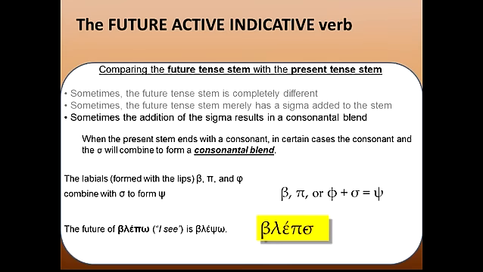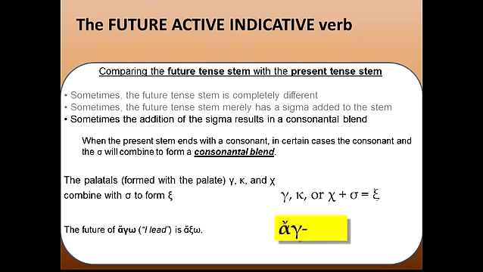The sigma comes down and it combines with the pi to form psi. And so we now have the future tense stem, bleps. And we can now add our personal ending back to it, the omega, and we have blepso, and that means I shall see.